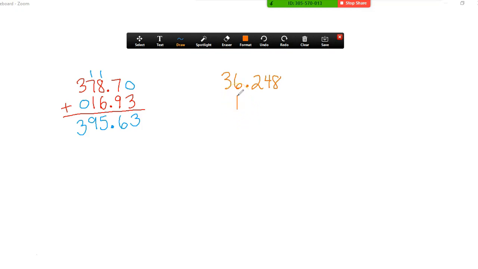Be very careful, and then again, I'm going to change colors, and everywhere that there's an empty space under the numbers, we're going to put in our zeros. So now let's add everything up. We just add down 8, 4, 8 right there, put our decimal, add down 7 and 3. So it's pretty straightforward. Line them up, be very, very careful with your alignment, okay?